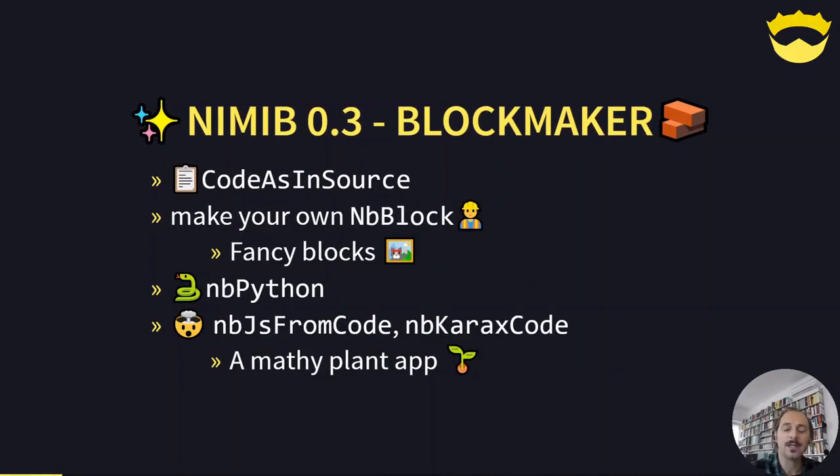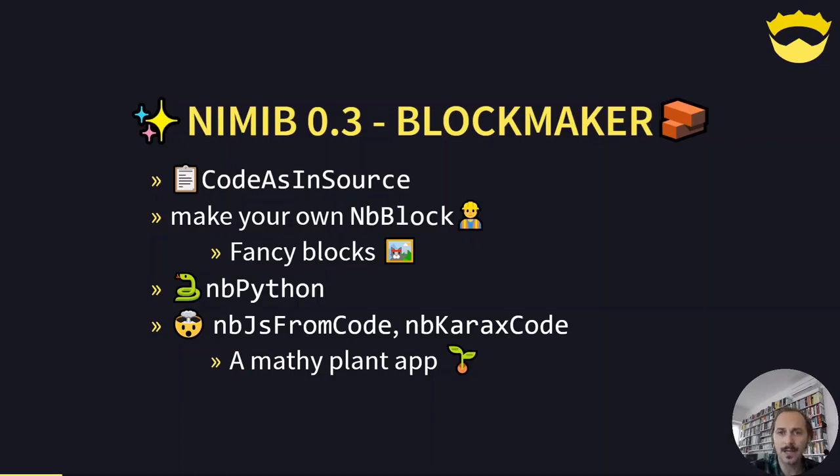In particular, in 0.3, we added as default the code as in source. And after telling you how to create your own blocks, I will give you some examples of some fancy blocks. Then I will pass the microphone to Hugo, who will talk also about a block called NBPython.